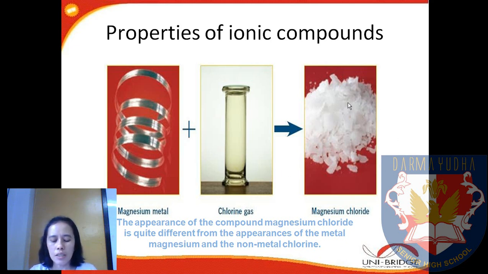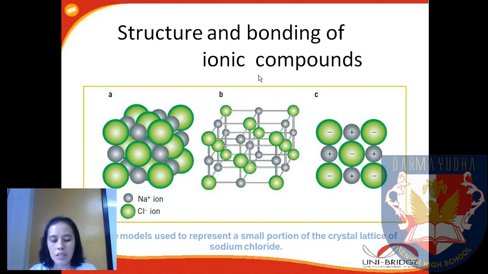It means there is a strong electrostatic attraction between positive ions and negative ions. It makes this substance very hard to cut since the electrostatic force between positive ions and negative ions is very strong.